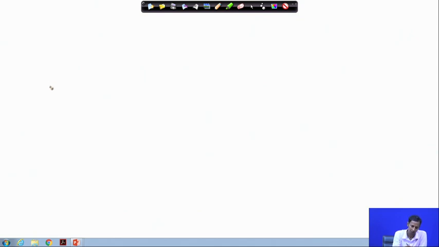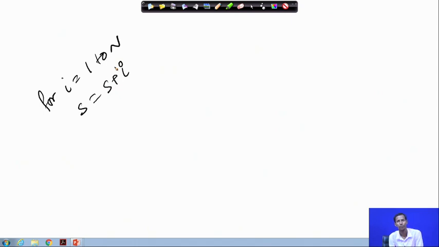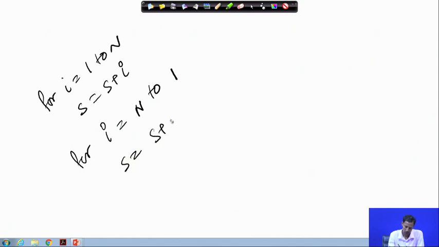What was the logic initially? For I equals 1 to n, S equals S plus I. Instead of doing that, if I just change the logic to: for I equals n to 1, S equals S plus I.